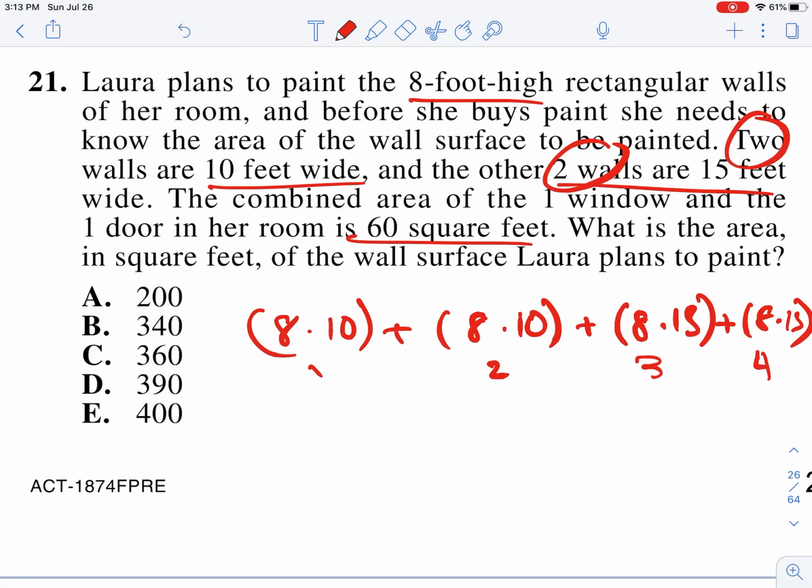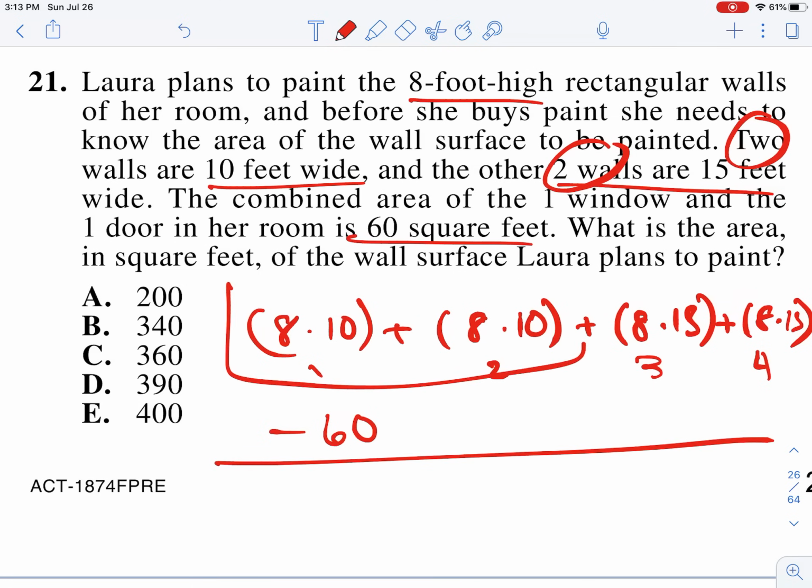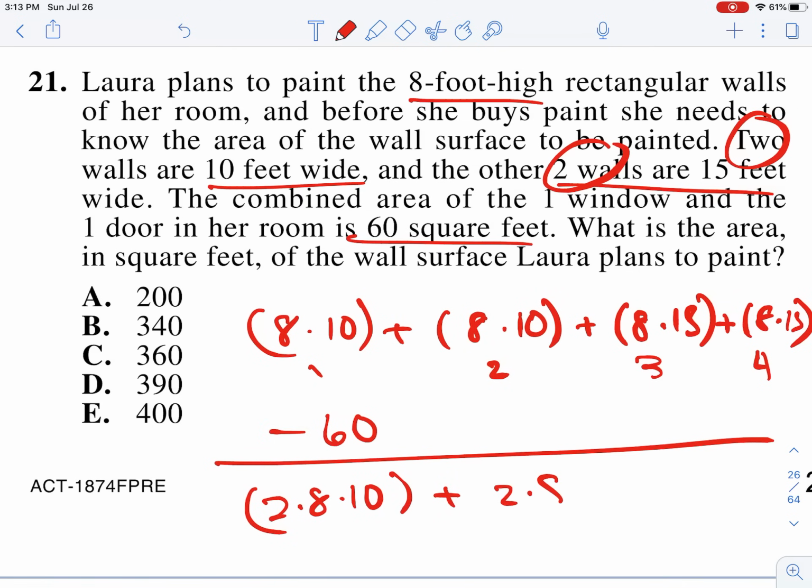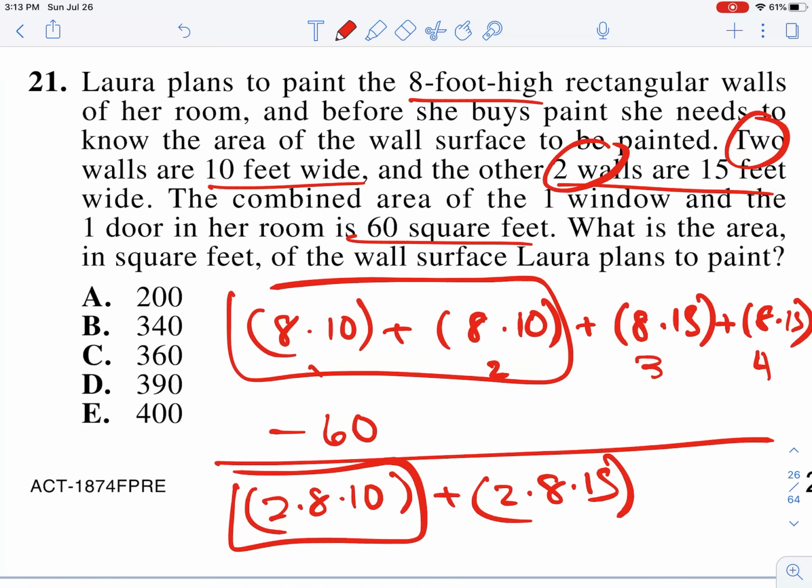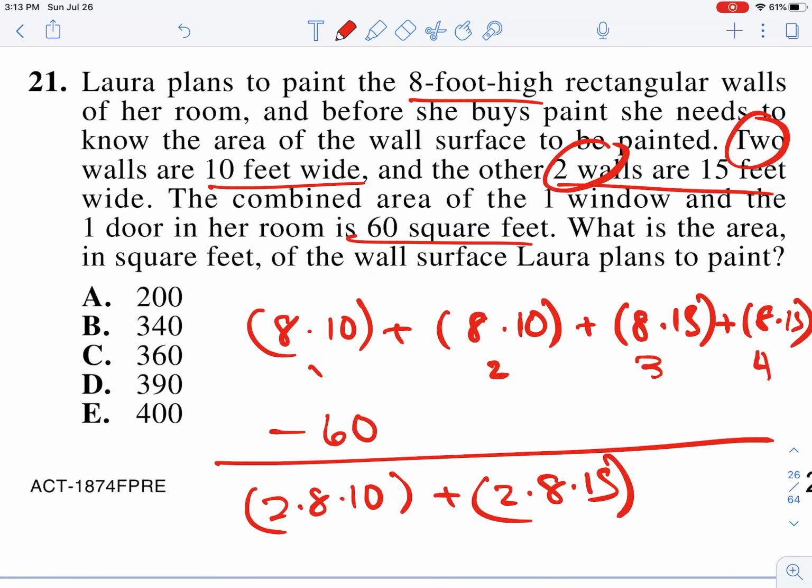And then we have to subtract the area of the 60 square feet that we're not painting. You can turn this into 2 times 8 times 10 plus 2 times 8 times 15. I'm just rewriting it, it's equivalent, to make it easier to write concisely. This is going to be your answer.